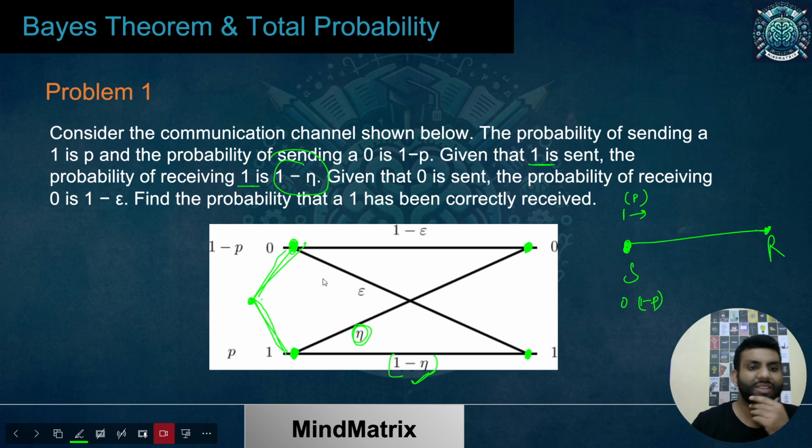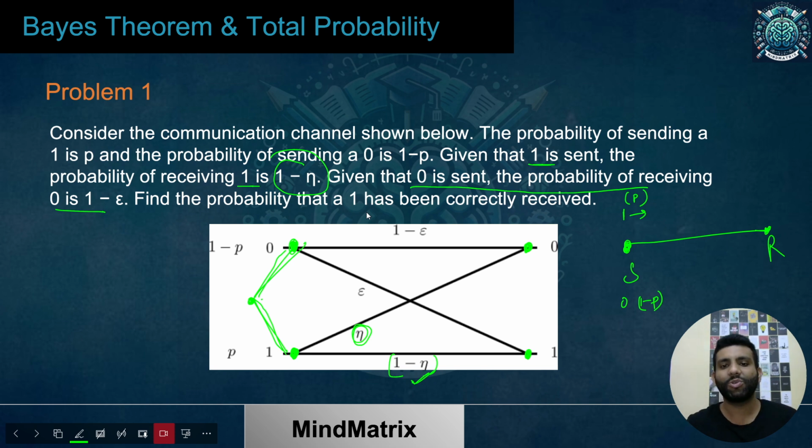Similarly, if I'm sending 0, that may also get converted to 1: with probability epsilon I may get 1, or with probability 1 minus epsilon I'll get 0 only. That is already mentioned within this line. Now what is being asked? Find the probability that 1 has been received correctly.